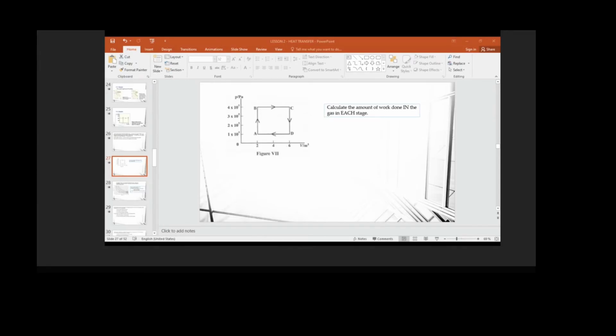There is no area under the graph in those lines, so the work is 0. Or you can use the equation work is equal to pressure times change in volume. We have the pressure, but there is no change in volume. So when there is no change in volume, there is no work done. That's something to always remember.